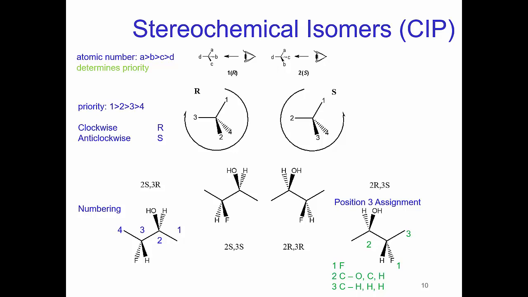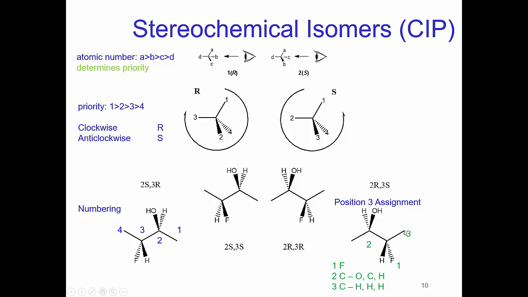So since we know that, we can say that here we have it going from 1 to 2 to 3, and boy, that sure looks like it's going clockwise, which of course it is, but we're looking from the back side of it.